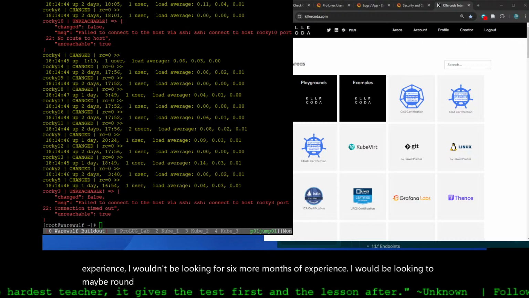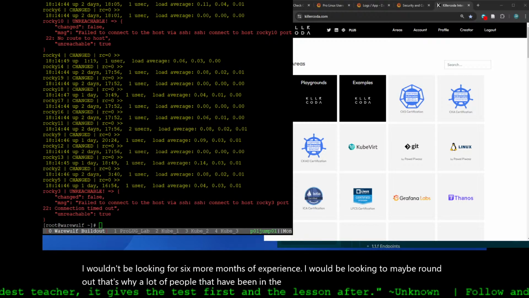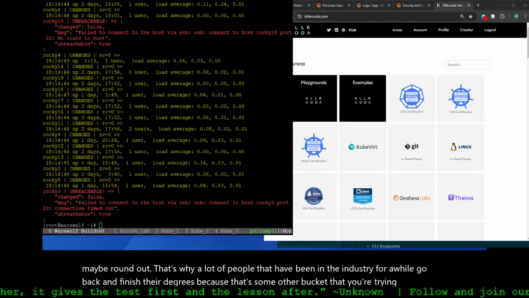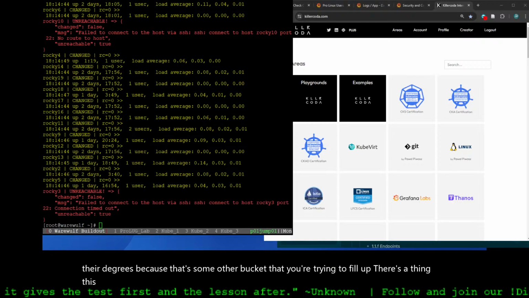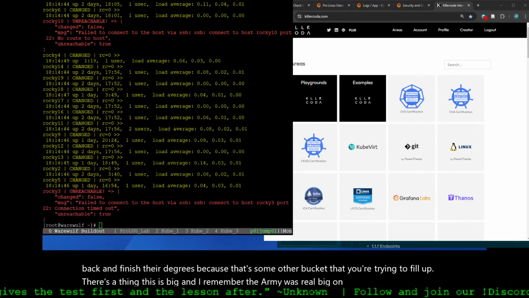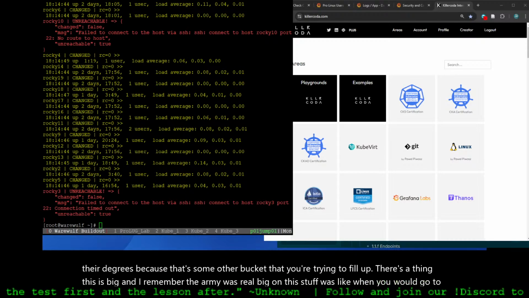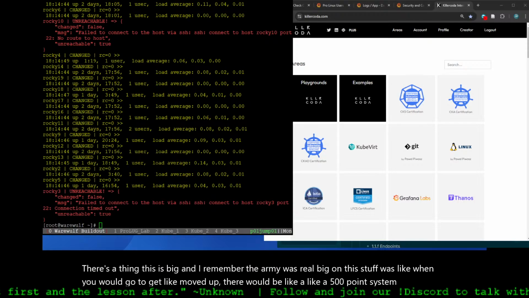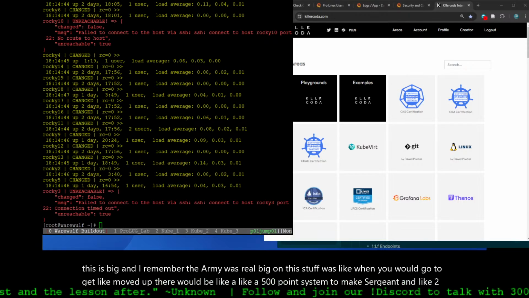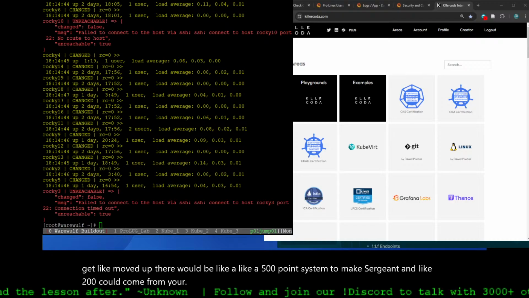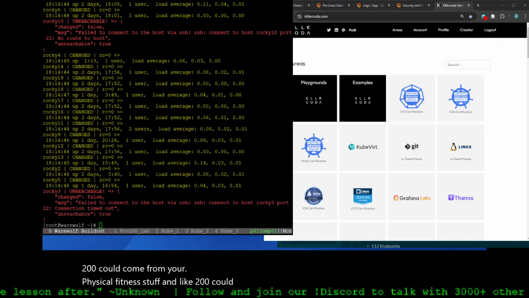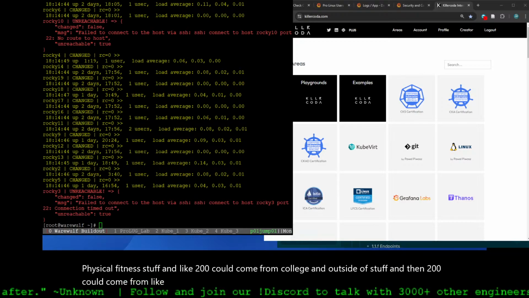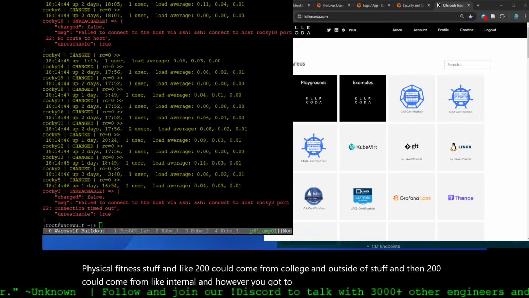This is why a lot of people that have been in the industry for a while go back and finish their degrees, because that's some other bucket that you're trying to fill up. I remember the Army was real big on this stuff. When you would go to get moved up, there would be like a 500 point system to make sergeant, and like 200 could come from your physical fitness, and like 200 could come from college and outside stuff, and then 200 could come from internal, and however you got to 500 was fine, right?